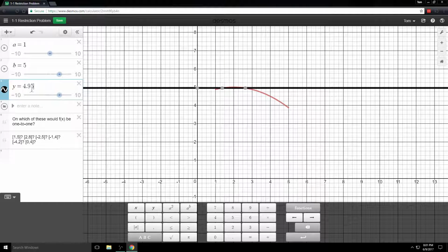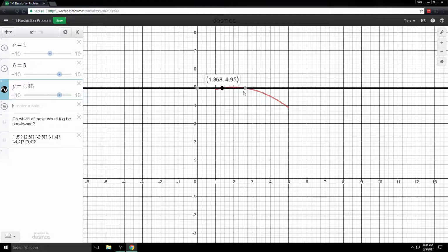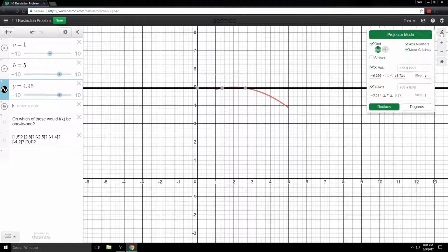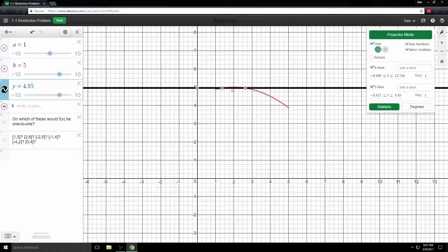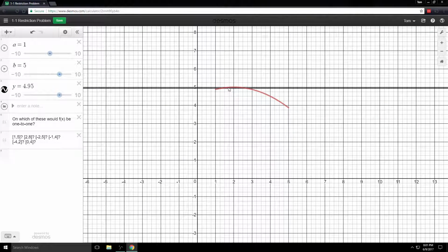All right, so here we are at this horizontal line. Man, that's really hard to see, but if I had this horizontal line through here, it would cut through the graph in this spot right here and this spot right here. So the answer on this one is nope. It would not be one-to-one on that piece right there.